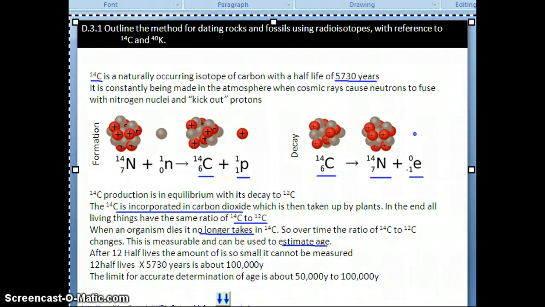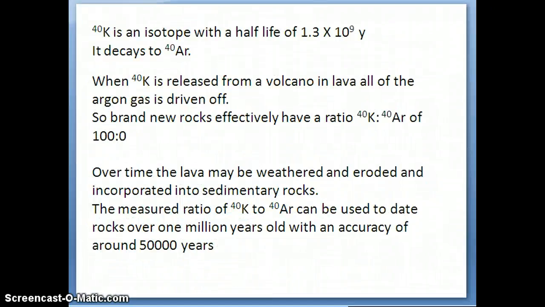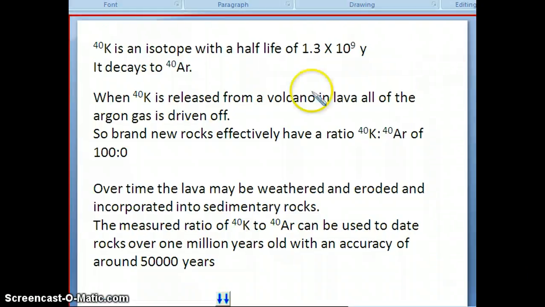We can also date older objects by using potassium-40. Potassium-40 has a half-life of about 1 million years. It decays to argon, and so what happens is we're going to look at the potassium-40 to argon-40 ratio.